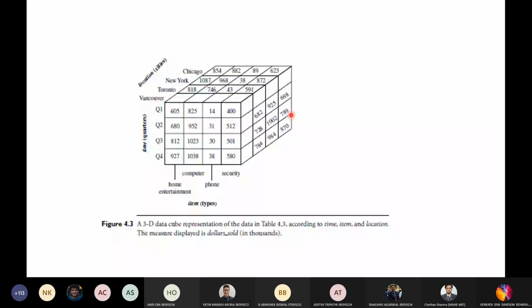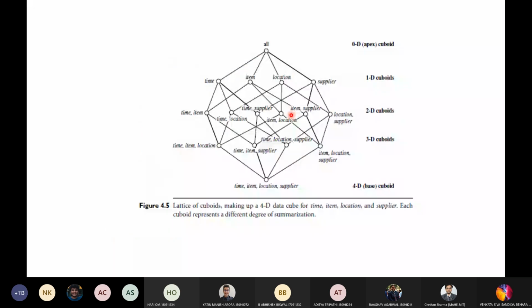So this particular figure shows a lattice of cuboids, which forms a data cube for different dimensions. Here the 4 dimensions considered are time, item, location, and supplier, like you can see in this part.